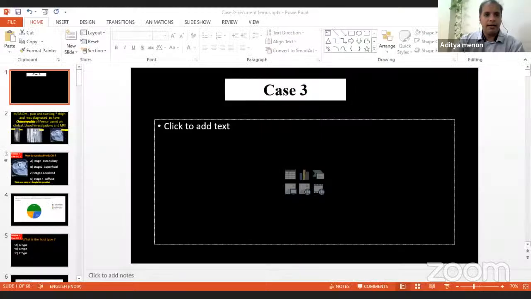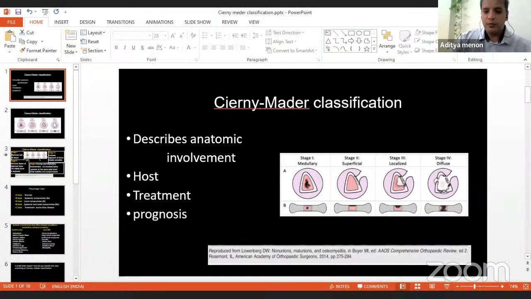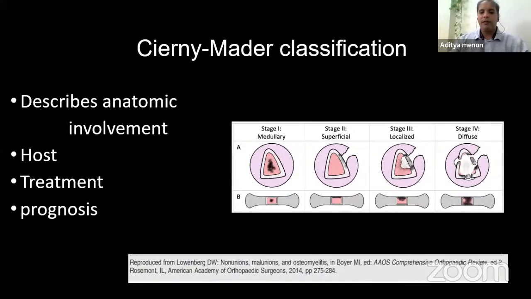Two basic classifications: Cierny-Mader, and the newer Bach classification. The age-old Cierny-Mader classification, we've been taught this throughout our MBBS and orthopedic practice. It's something we tend to forget because we don't practically implement it.